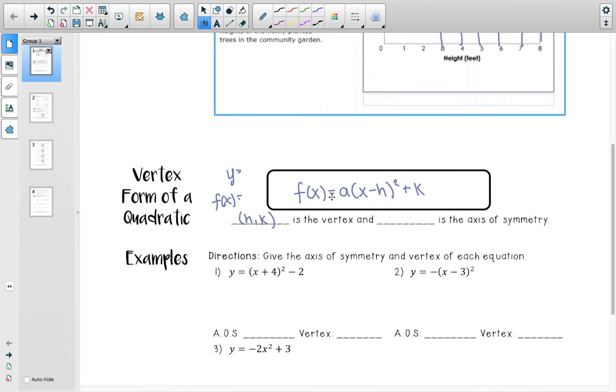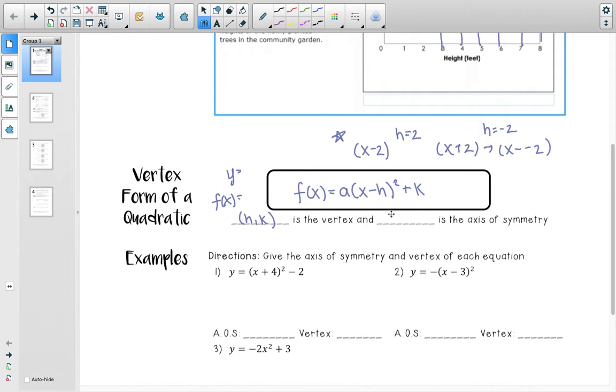Now notice that this h is positive and there's a negative sign in front of it. So like if we had x minus 2, that means the h would equal 2. But if we had x plus 2, it actually means h equals negative 2. And the reason why is you'd have x minus negative 2, and a negative times a negative makes a positive. So keep that in mind, okay?